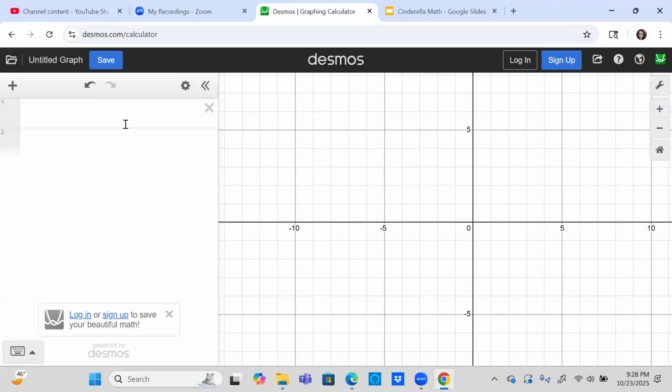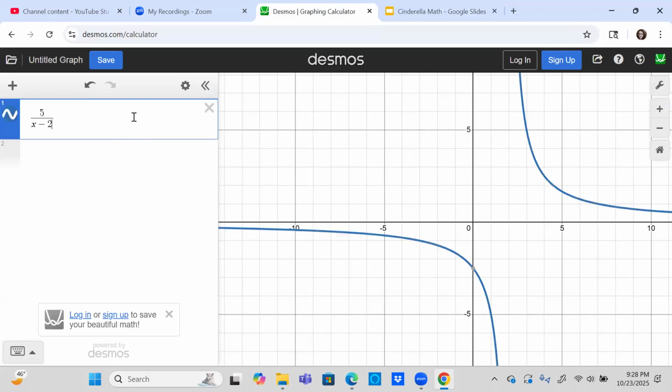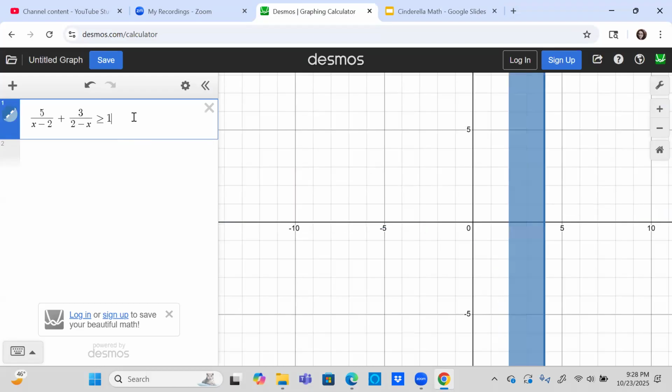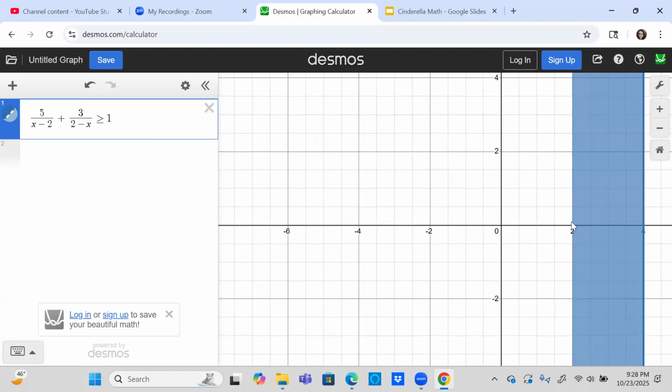You just type the original problem, which was 5 over x minus 2 plus 3 over 2 minus x, greater or equal to 1. And see the shading there? It starts at 2, but it doesn't have a solid line. So it's a soft 2, and then it goes to 4, and you can see it has a solid line. That's how you can check your work if you're allowed to use decimals. Okay, that was a hard one.